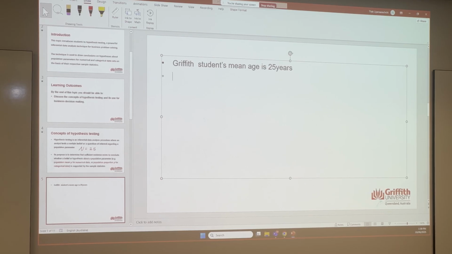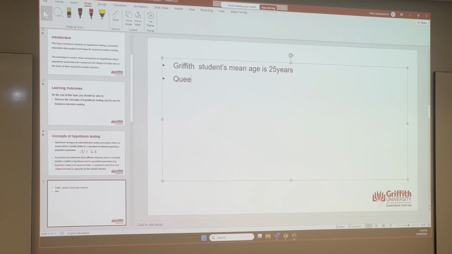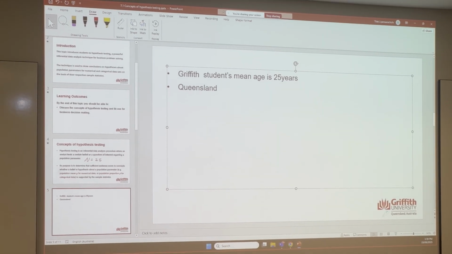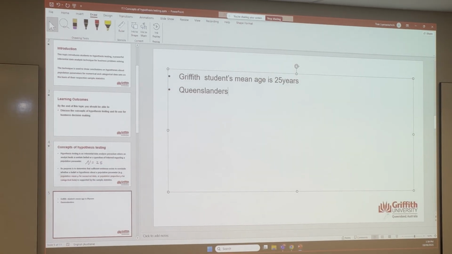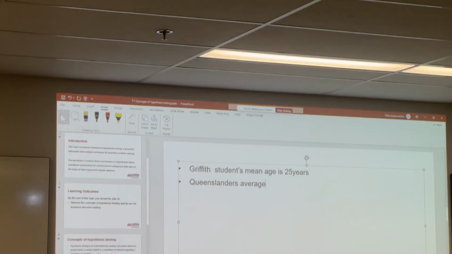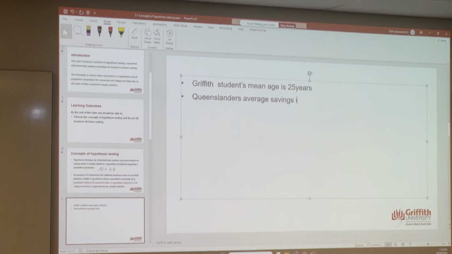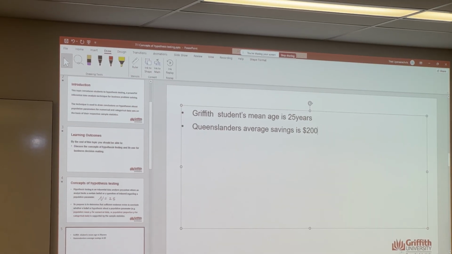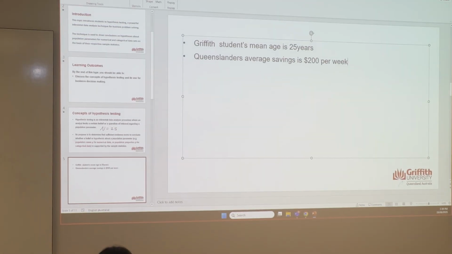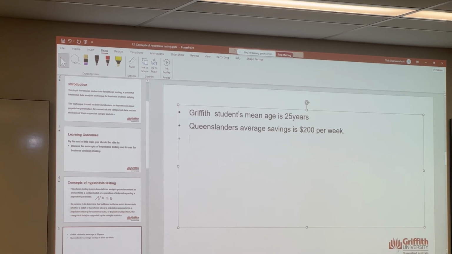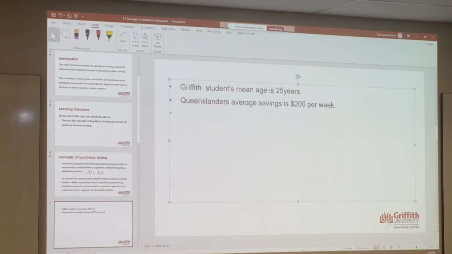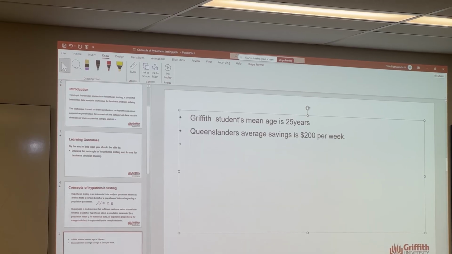Another example about the proportion, but let's start with the mean. We can say that Queensland average savings is $200 per week. That's a statement. Can you give me another example? Any statement related to means?